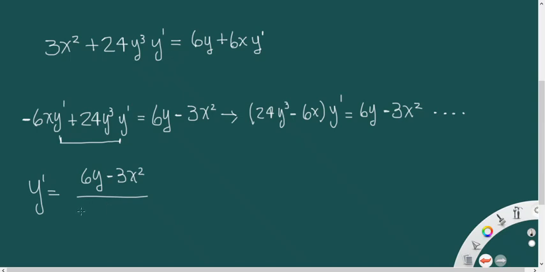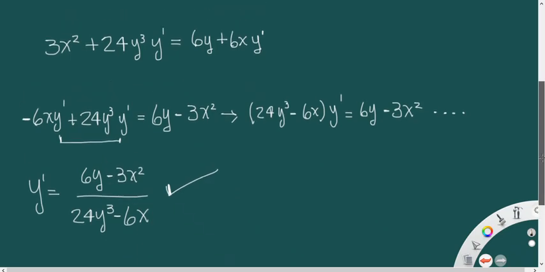So this is 6y minus 3x squared divided by 24y cubed minus 6x. And this is the result. And this is the answer to this problem.